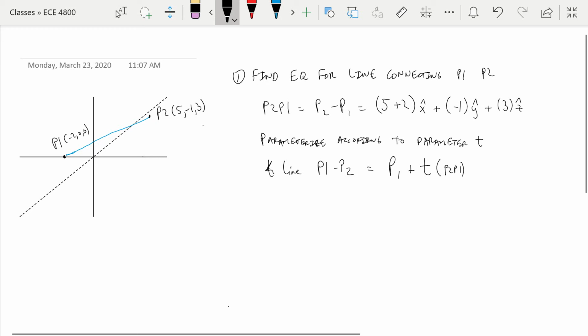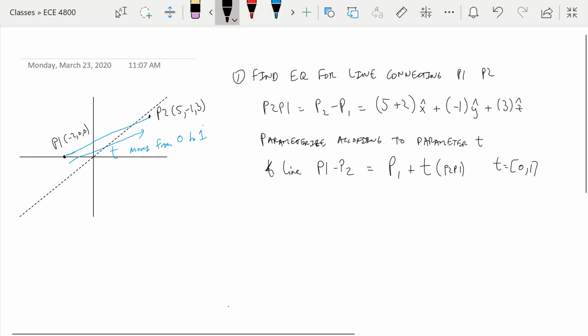We want to define this line as t goes from 0 to 1. In other words, as we go from P1 to P2, t is going to transition from 0 to 1. X, Y, and Z are all defined in terms of this parameter t.